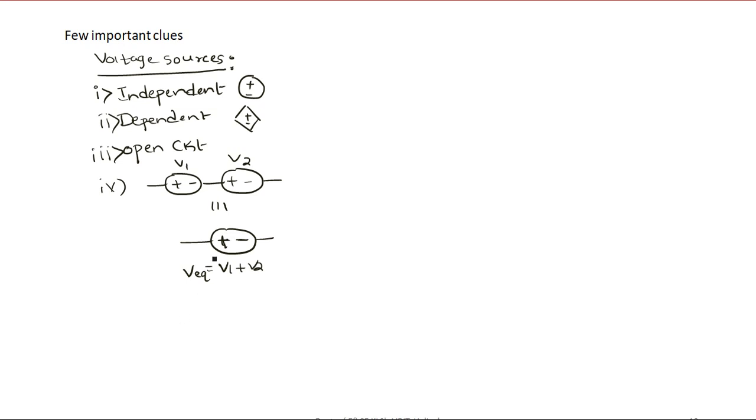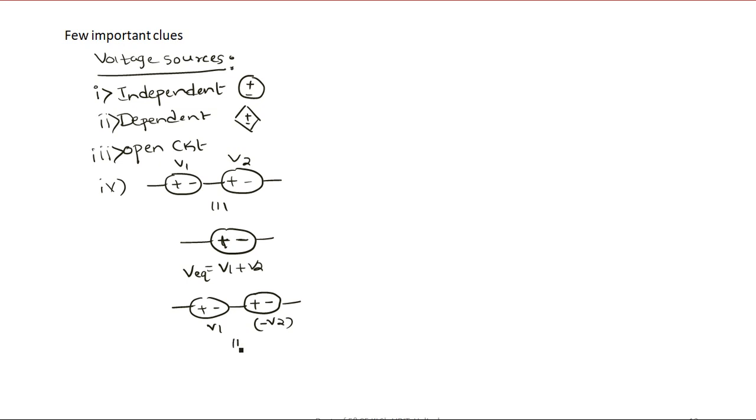Suppose we have this condition, plus minus, and here we have V1, but here this is something like minus V2.